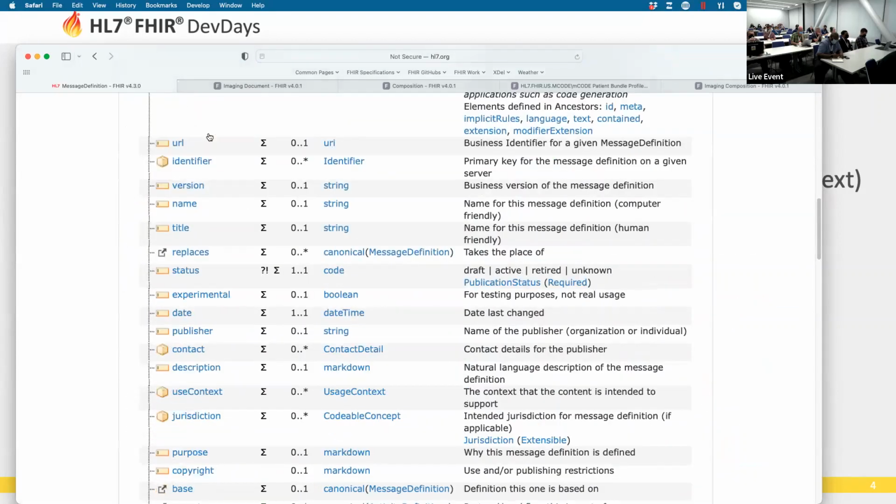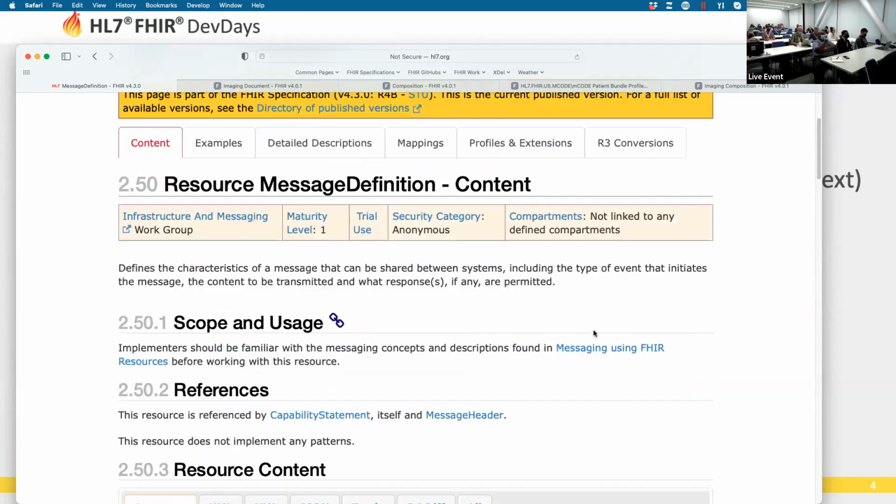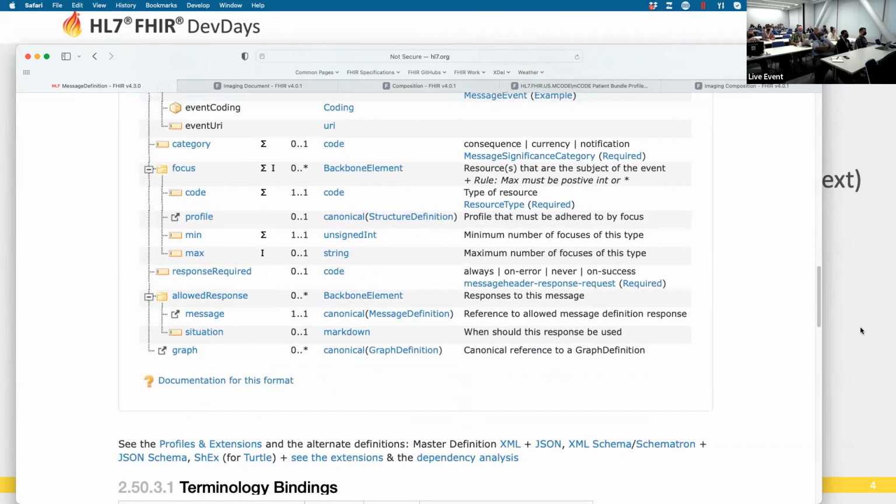And so how much do you envision of the constraints on the entries and the hierarchy of the sections would be managed in composition definition, and how much of that is actually better handled in graph definition?